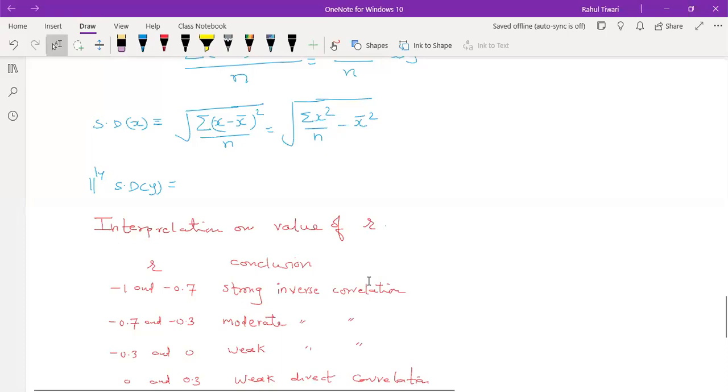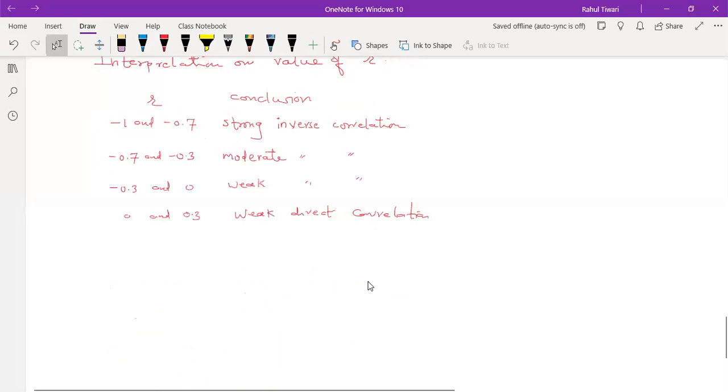If it is between 0.3 and 0.7, we call it a moderate direct correlation, and between 0.7 and 1 we call it a strong direct correlation.